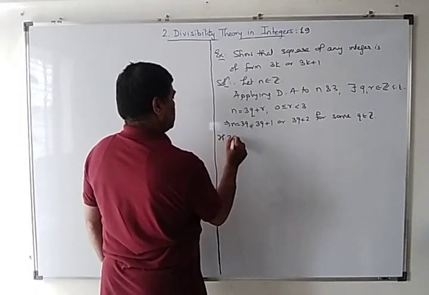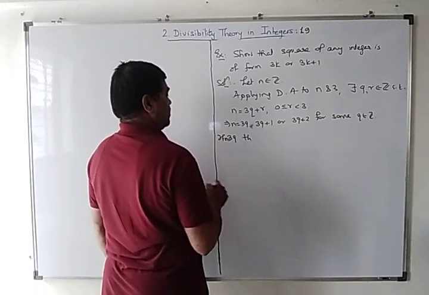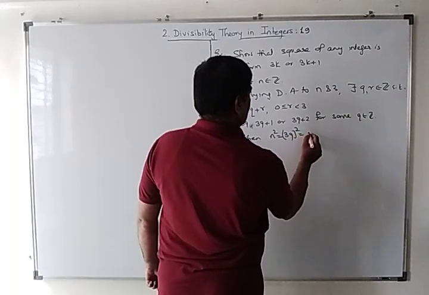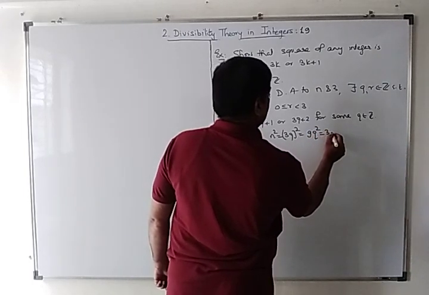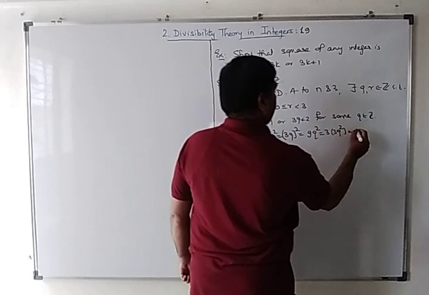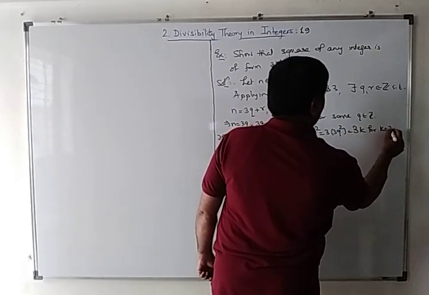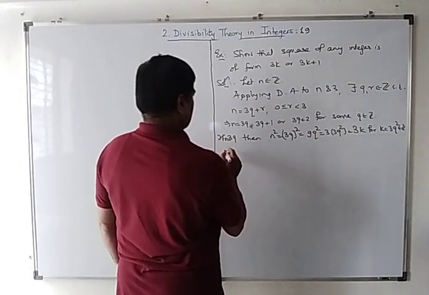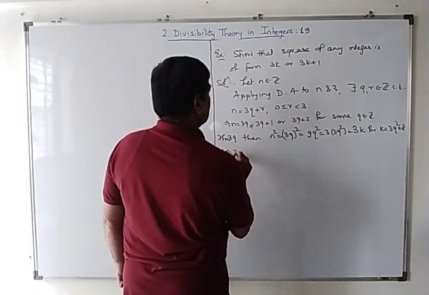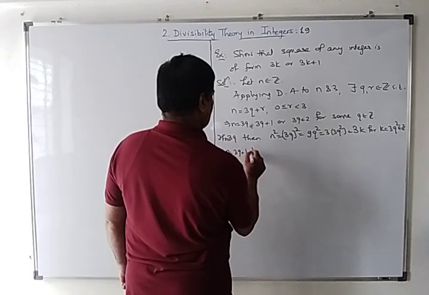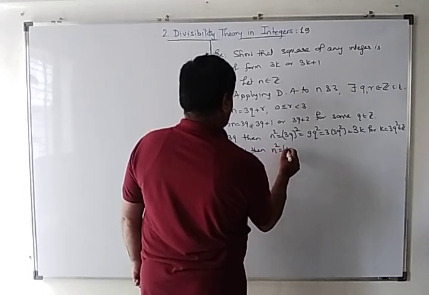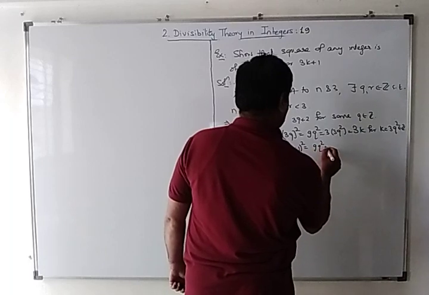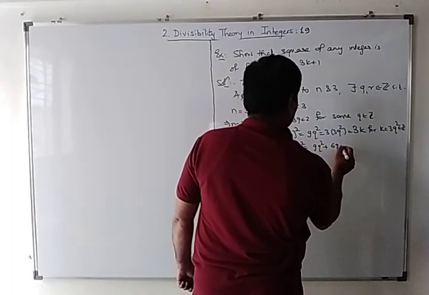If n is equal to 3q, then n square is equal to 9q square, which is 3 times 3q square, equal to 3k for k equal to 3q square belonging to Z. If n is equal to 3q plus 1, then n square is 3q plus 1 whole square, which is 9q square plus 6q plus 1.